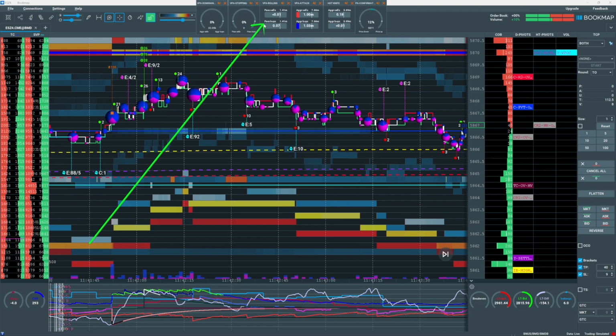So my absorption is VPA stopping. That's absorption imbalance, right? So it's showing me where the absorption is taking place, on what side, either passive sellers or passive buyers in control. So at this point here, I wanted to see passive sellers, right?